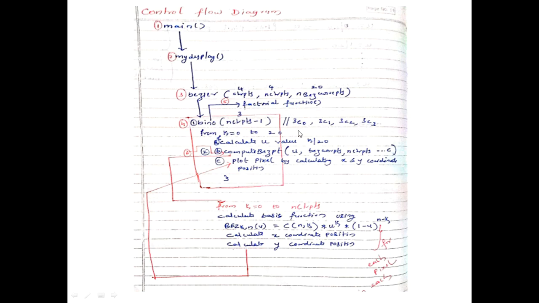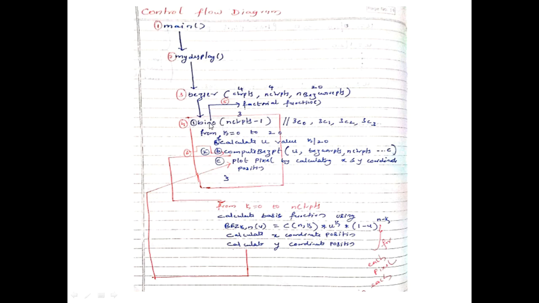To calculate 3C0, we need to call the factorial function: n factorial divided by n minus r factorial into r factorial. That function internally calls the factorial function, which means we are using recursion here. Recursively we are calling the factorial function.